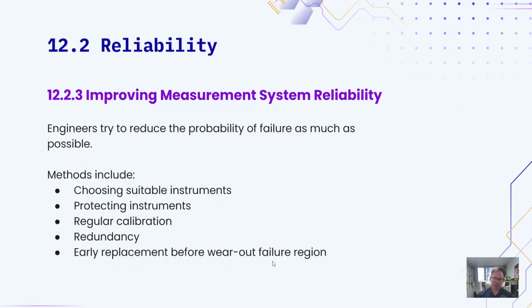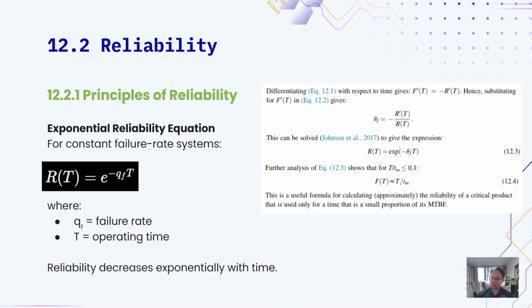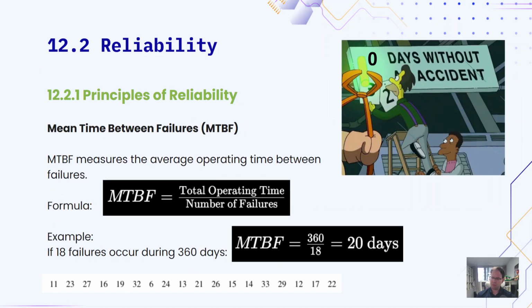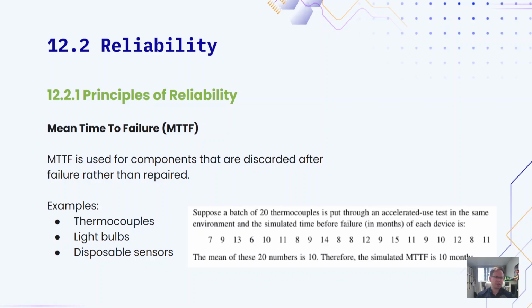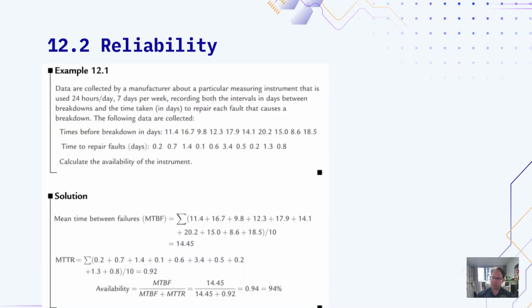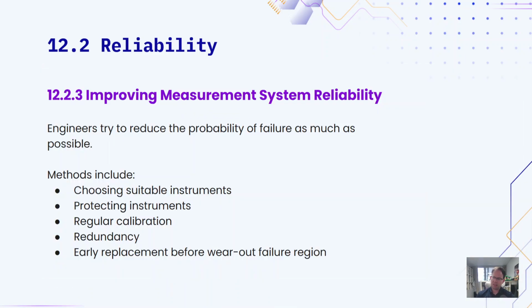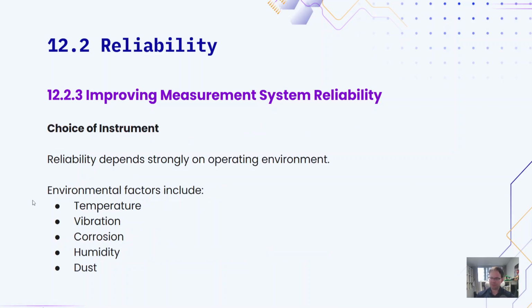So when you calculate the MTTF, mean time to failure, that's when it's going to be dead. When you calculate the MTTF, you could replace things before the MTTF to reduce the wear out failure region, or before it gets there.